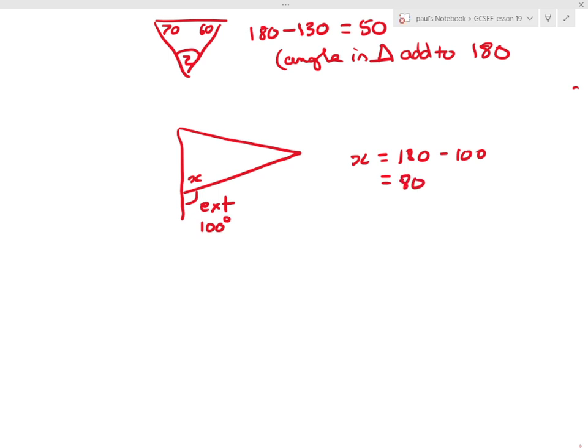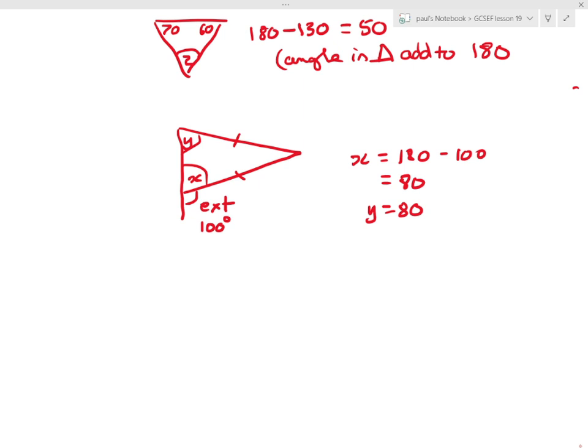So now what else can we do with this? Make it an isosceles triangle. Therefore, Y equals 80 as well, because these are the same as each other.